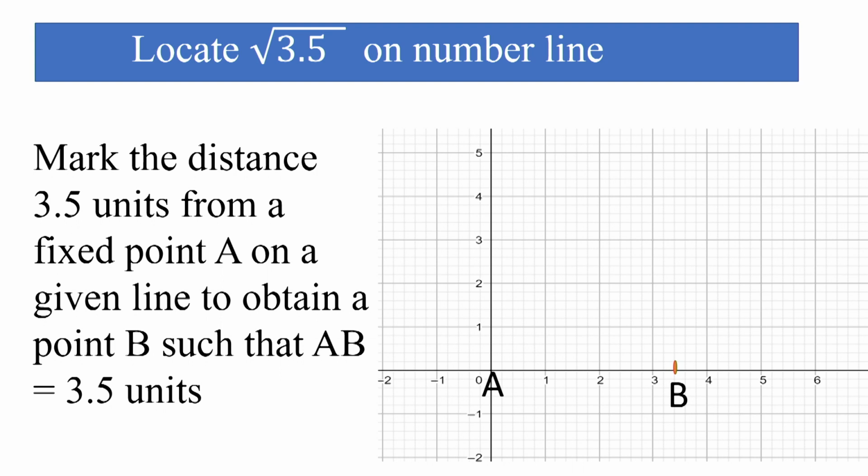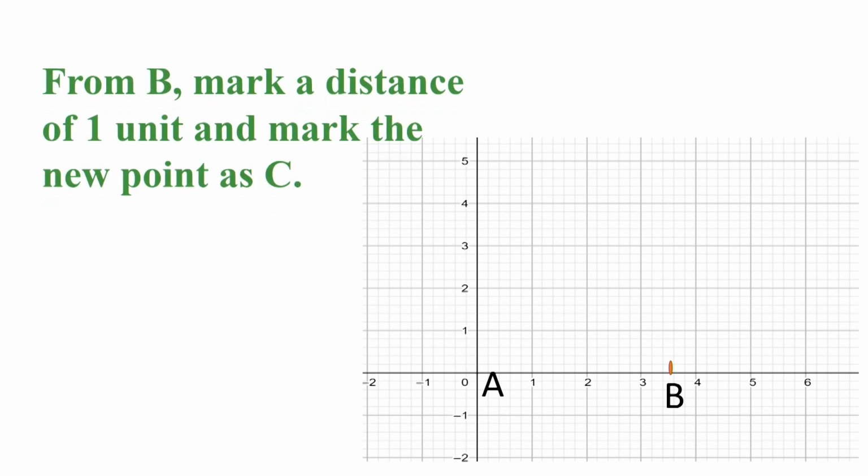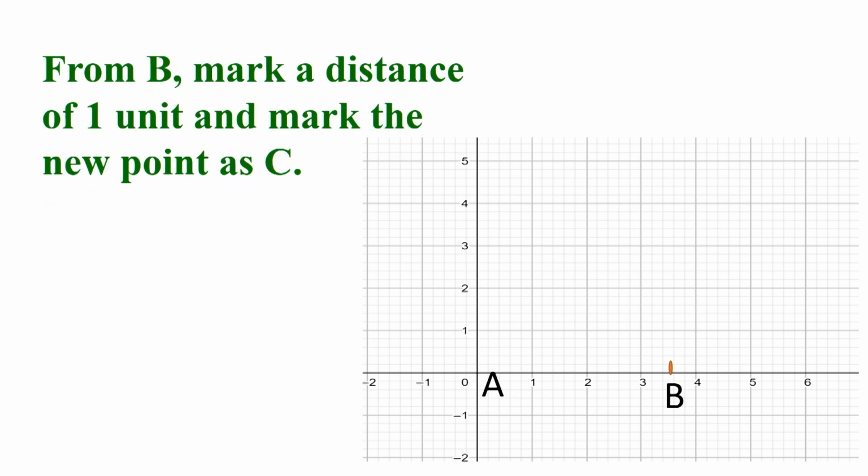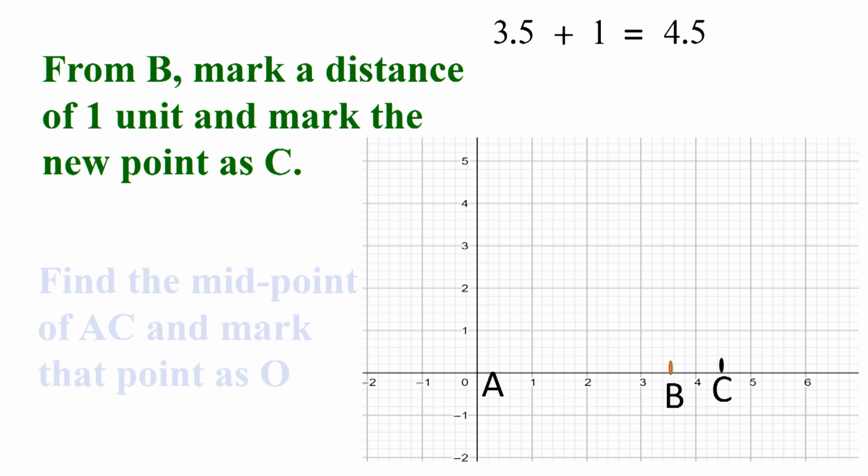Now, what is the next step? From B, mark a distance of 1 unit and mark the new point C, that is 3.5 plus 1, that is 4.5. You have to mark 4.5 and name the point C.